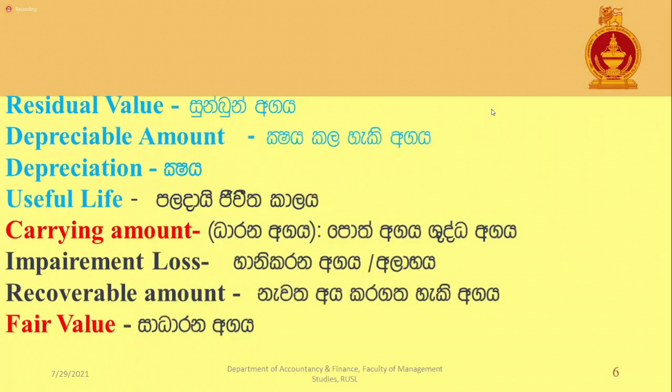There are many special terms that you need to know: residual value, depreciable amount, depreciation, useful life, carrying amount, impairment loss, recoverable amount, fair value. Those one by one we have discussed, and I explained the meaning and how we use them.